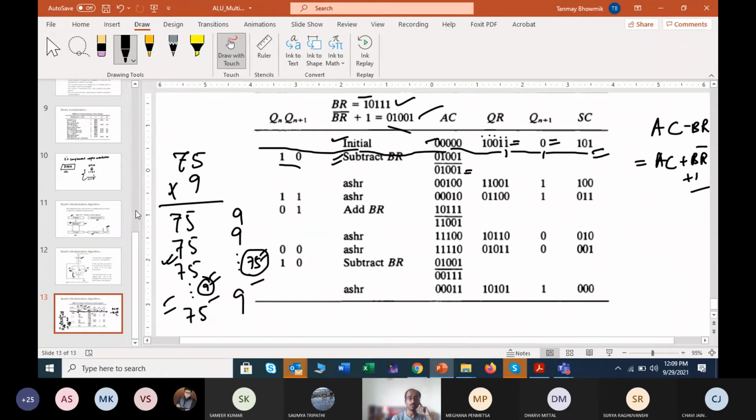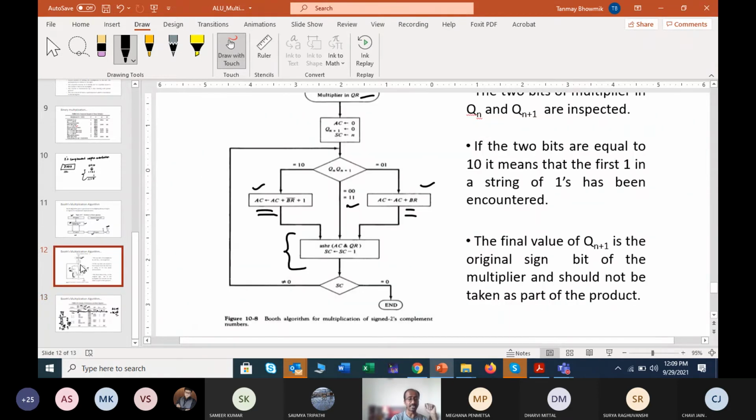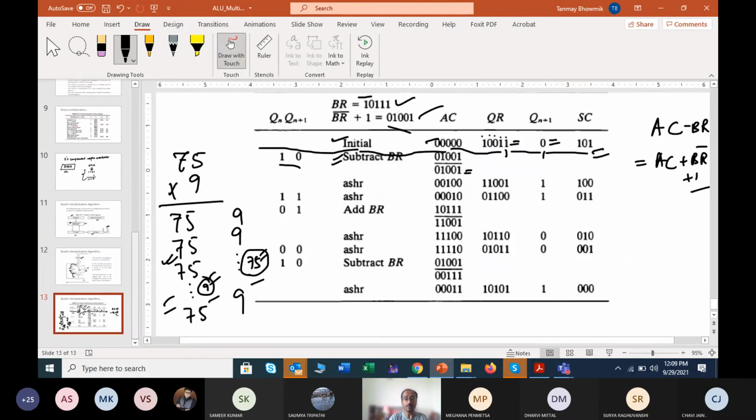Now what will you do? Simply check it. You are simply shifting, right shifting. You started from this zone, got this 1 0, and performed this subtraction. Now I will simply shift: right shift AC and QR. Now shift it towards the right.